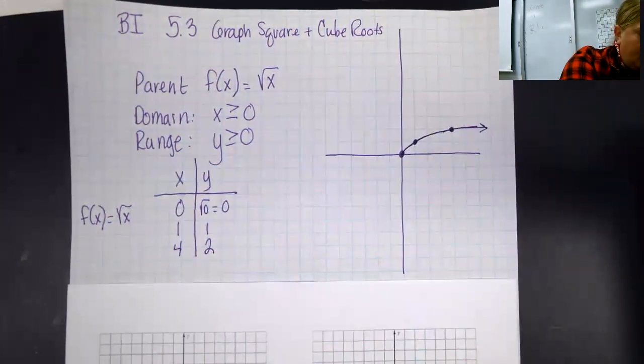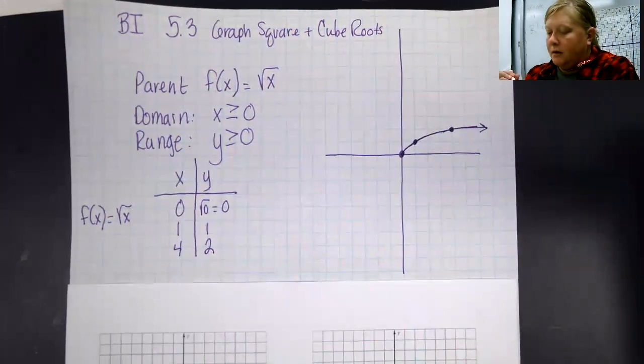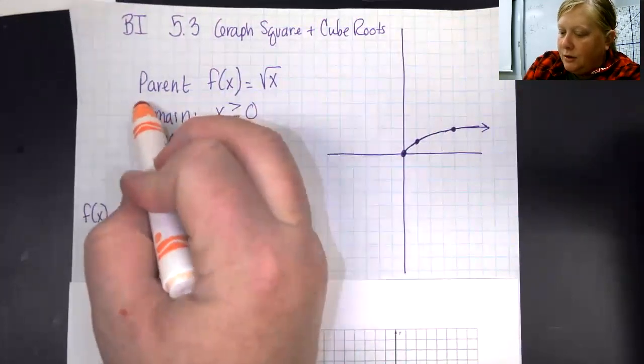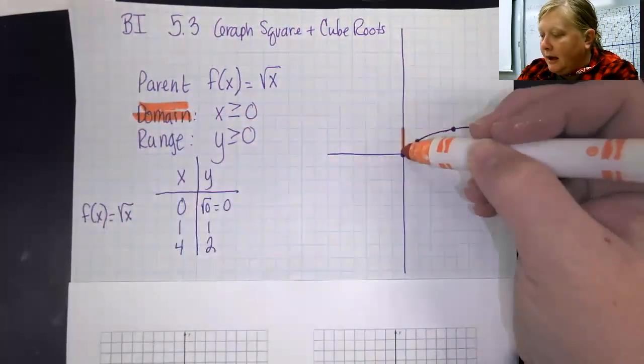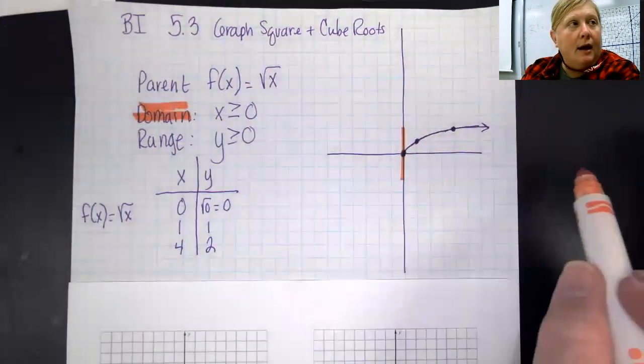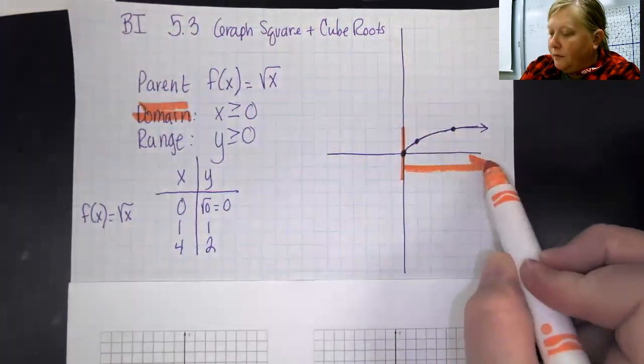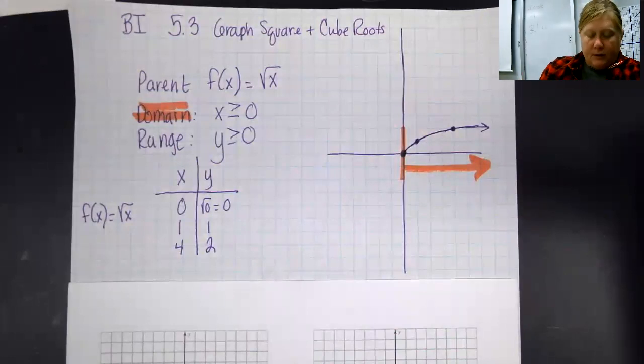So when we're looking at domain and range, when we're looking at domain, I'm really looking at where's my start and where am I going? Notice I'm at 0 and I'm greater than 0. For my range, it's just the opposite.